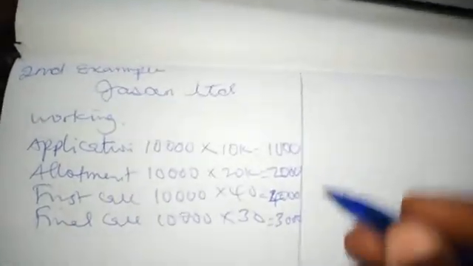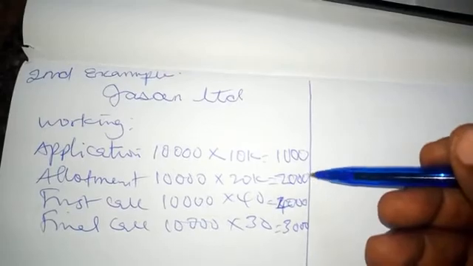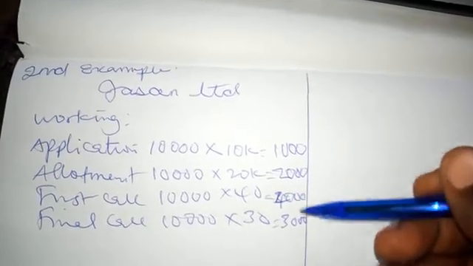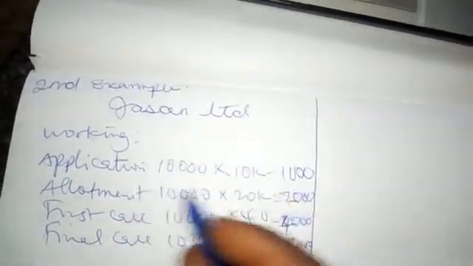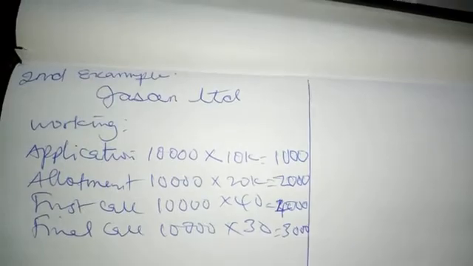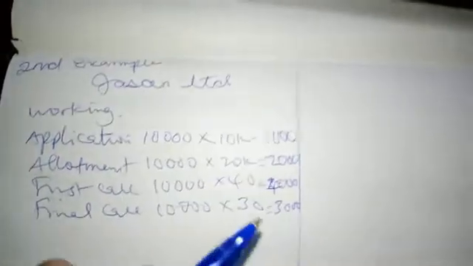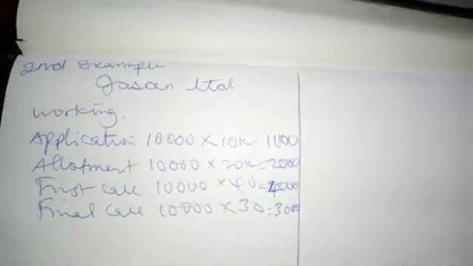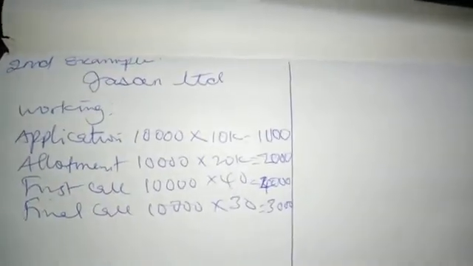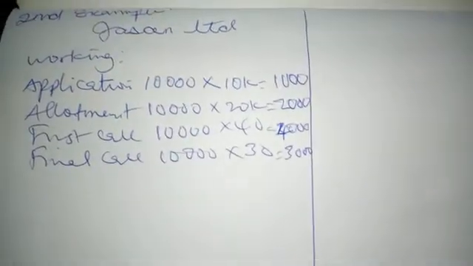So once you're done, when you add these values, 1,000, 2,000, 4,000, 3,000, it will give you the units of shares that were issued. For the par, when the shares are issued at par, it will still give you 10,000 naira. That's how to know whether you are right. Okay, once you're done with this, then we'll go to the journal entries.